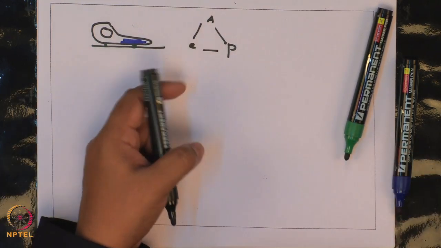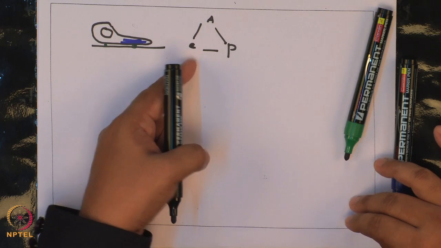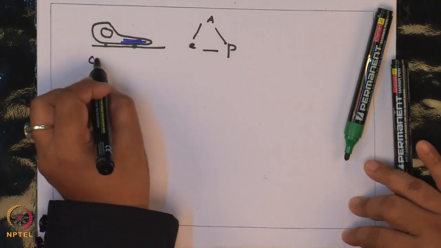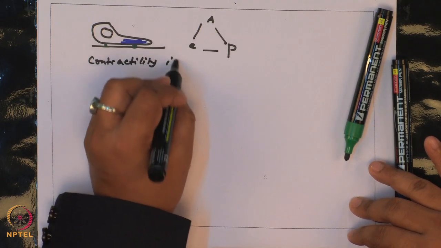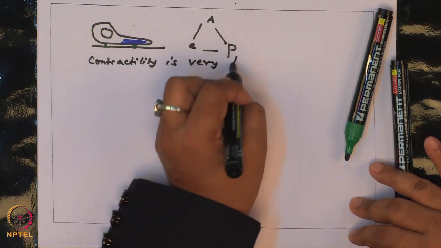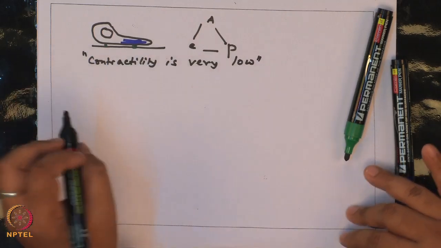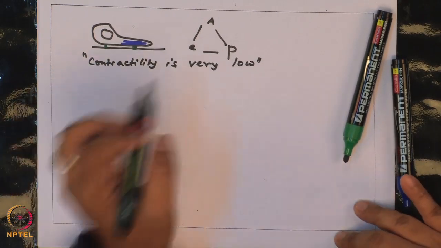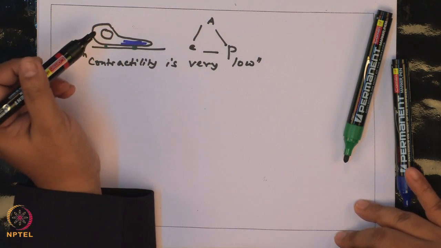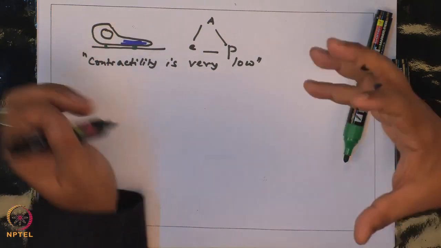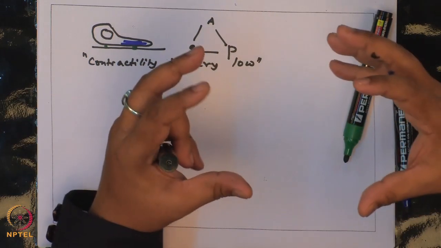In this case I have drawn C to be very small, suggesting your contractility is very low. So, even with less contraction, if they combine protrusion and adhesion, the cell is able to migrate. And how is this possible? It is possible only because the cell is very small.